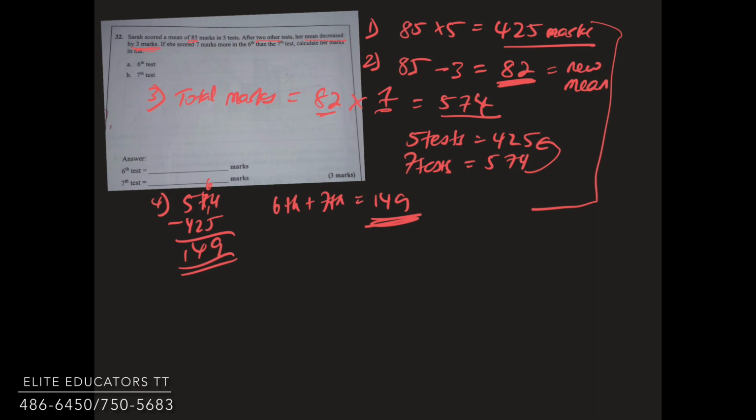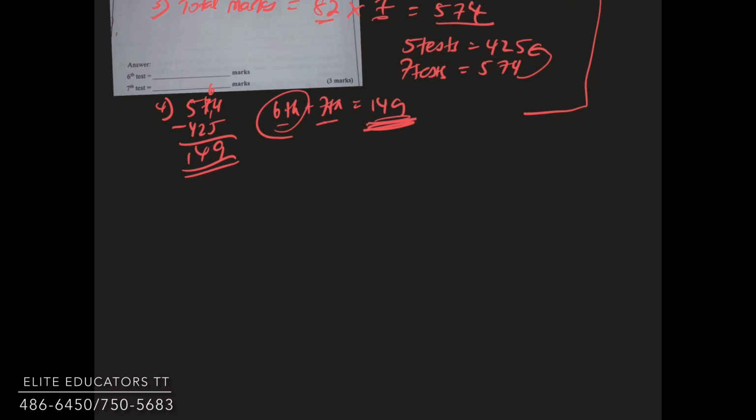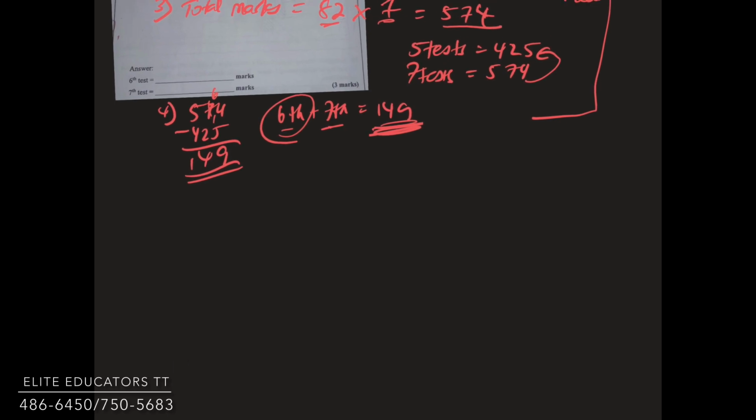So, if she scored 7 marks more in the 6th test than the 7th test, and the 6th and 7th together equal 149 marks, then if this was equal sharing it would just be 149 divided by 2. But this is not equal sharing.